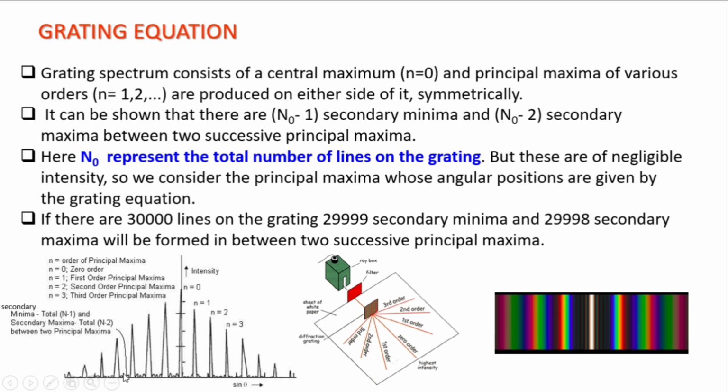That many secondary maxima and minima will be formed between two successive principal maxima. But these are of negligible intensity. So while doing our experiment in the laboratory with the grating spectrometer, we only measure the first order principal maxima, second order only, so that we can see.